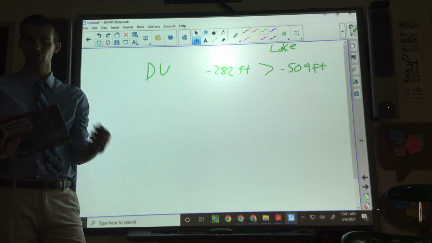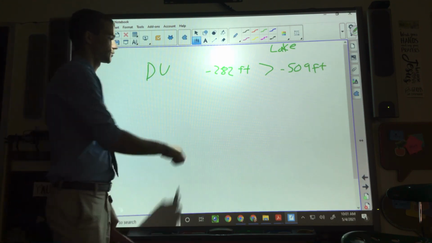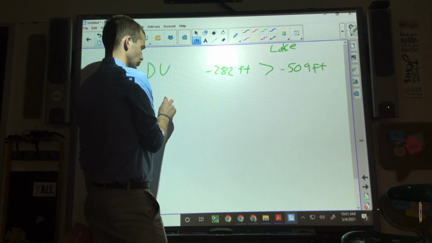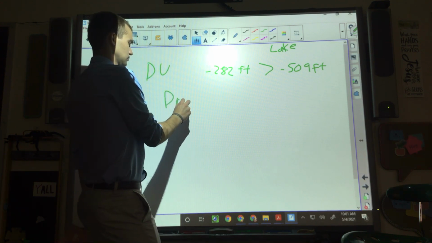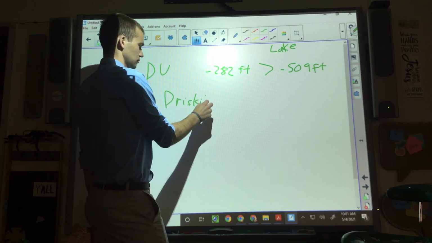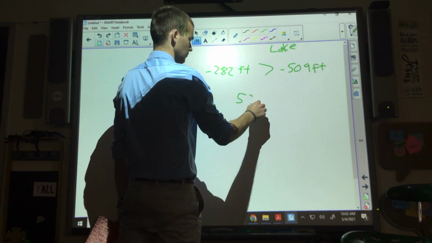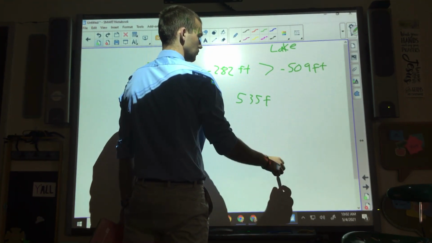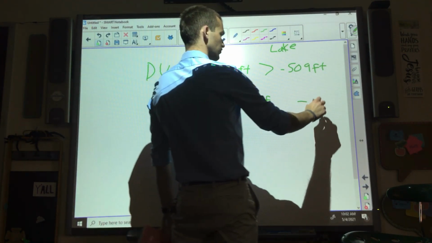What's the last one? Driscoll Mountain, Louisiana, which has an elevation of 535 feet. Below sea level. No, it's not below.